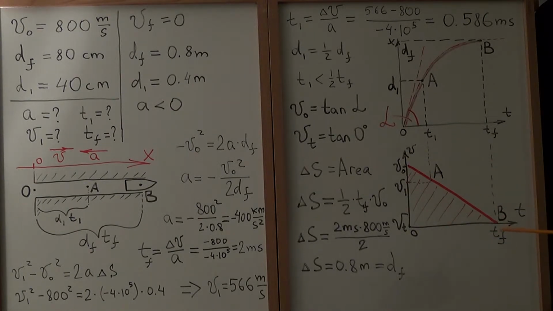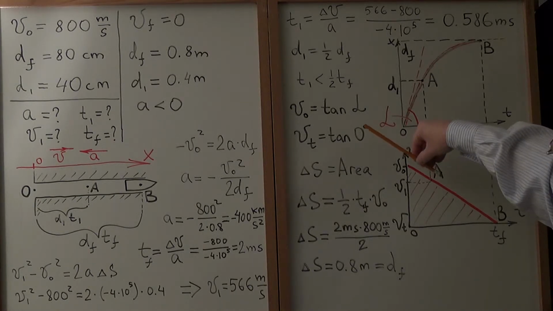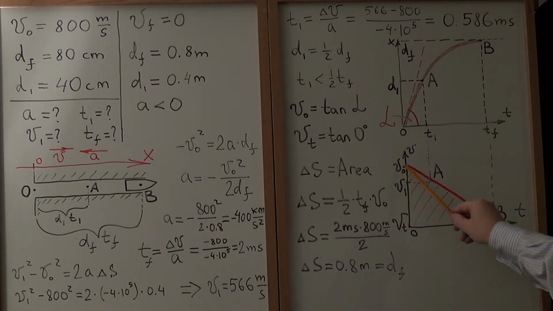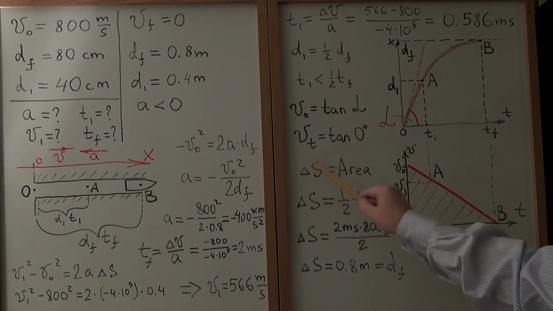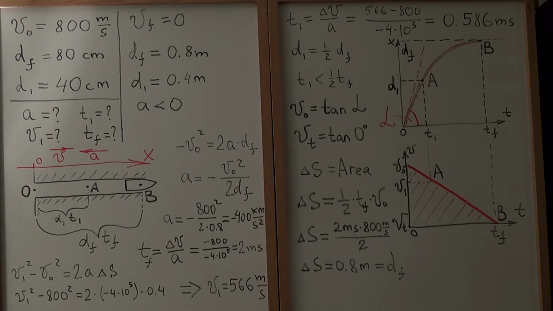Graph of velocity. Straight line, linear function. Velocity goes down. Initial velocity 800 meters, final velocity 0. And this is velocity at point A, and we can see it's still high because it's the first half. We know that the distance in general is area below the graph of velocity.